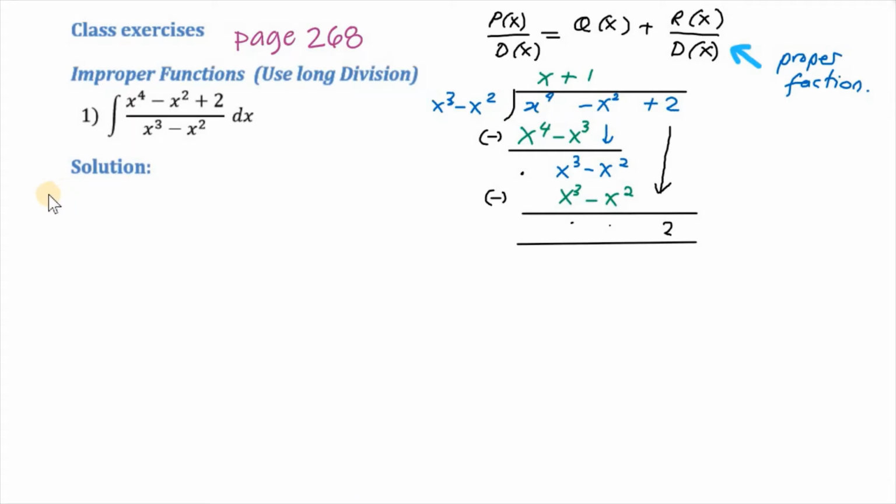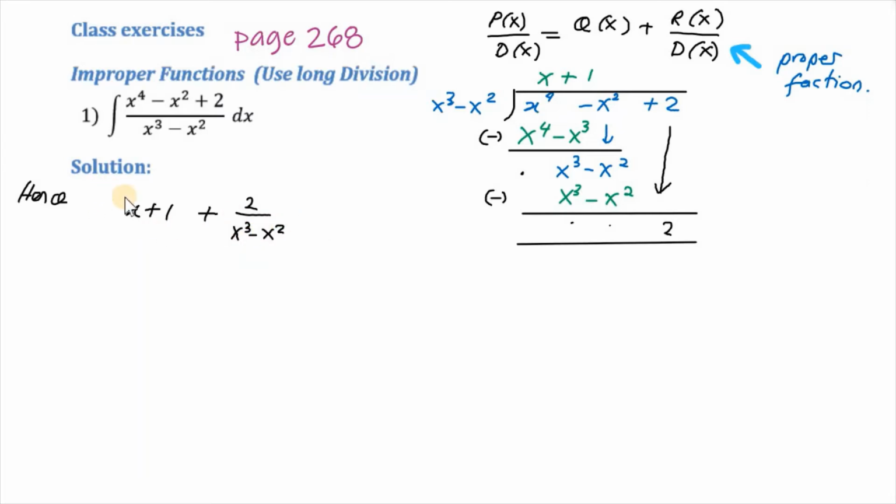So how do we write this? x to the power 4 minus x squared plus 2 over this. So it has to be in this format. Hence we have the quotient, x plus 1, plus the remainder, which is 2, over the divisor, which is x cubed minus x squared.